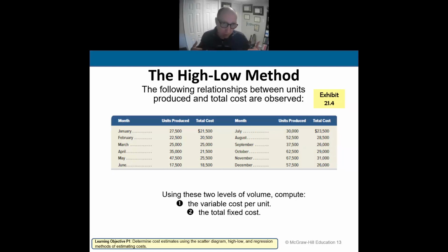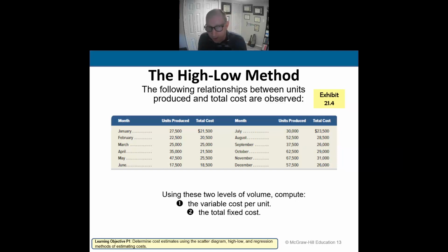Last year I had these data points, so I can budget and plan for the next year using them. That's why I like the high-low method: it tells me what months I produced the most, what months I produced the least, and we can see the relevant total cost during those months.